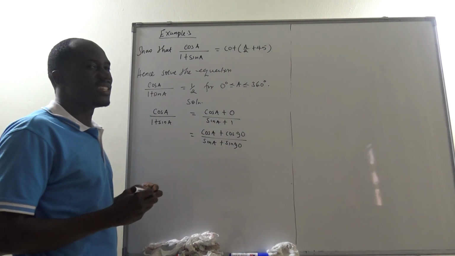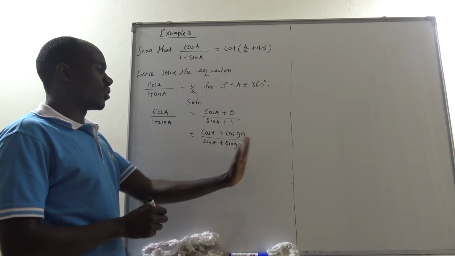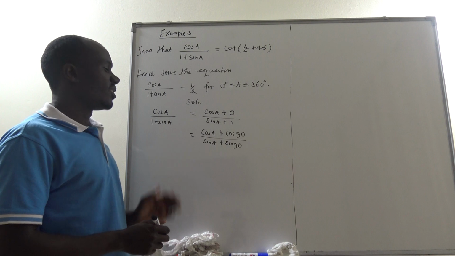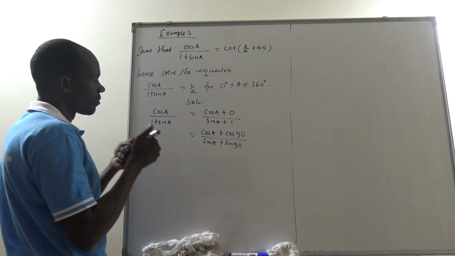Cos 90 is 0 and sin 90 is 1. So you can see they are the same name, cos plus cos, sine plus sine. Then we apply our factor formula of cos plus cos.